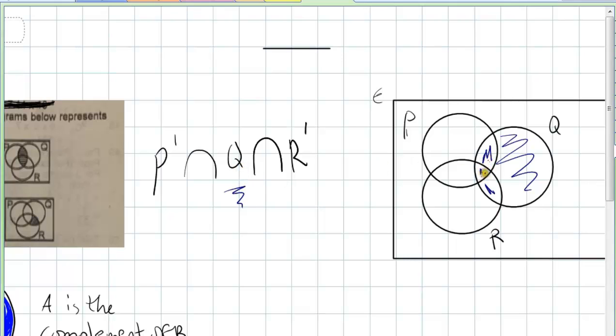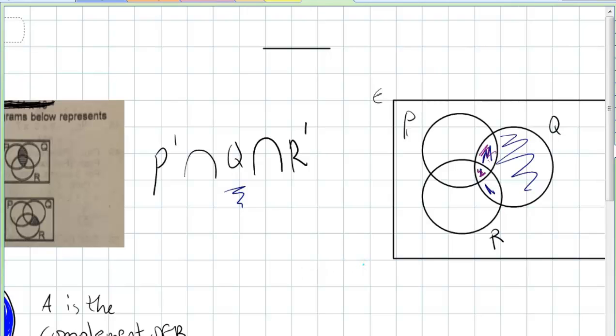These are both involved in Q, and they complete P. Now we also want to look at R prime. Since we're only looking at the intersection, we want the part of R prime that is also included in Q and in P prime.